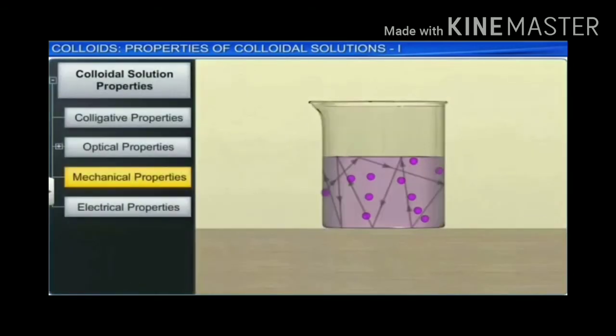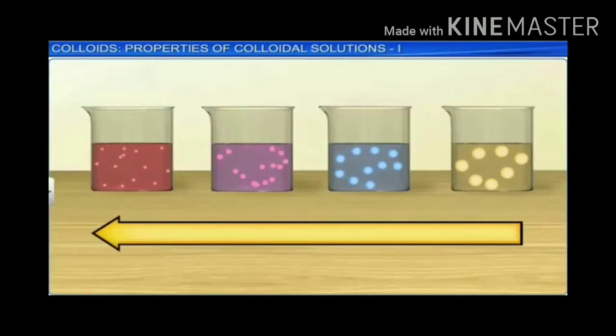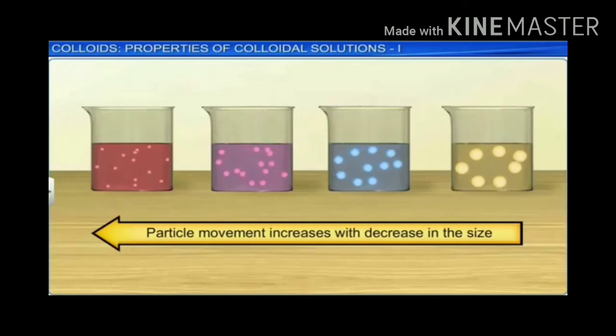Brownian movement is independent of the nature of the colloidal particles, but depends upon their size and on the viscosity of the solution. The movement of colloidal particles increases with a decrease in their size and in the viscosity of the medium.